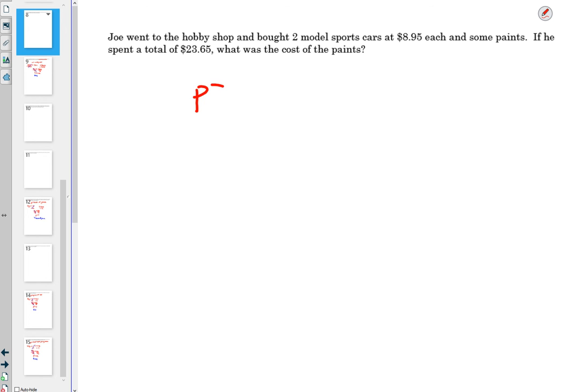All right, so let's let P be the cost of the paint. Well, let's see. If we read before, it says that he bought 2 cars for $8.95 each and the paint. So in this case, P is the total cost.